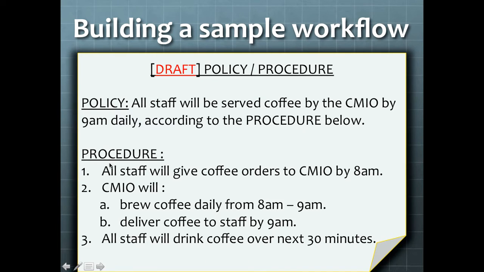And the procedure is basically a reflection of that workflow. Number one, all staff will give coffee orders to the CMIO by 8 a.m. Number two, the CMIO will brew the coffee daily from 8 a.m. to 9 a.m. and deliver coffee to staff by 9 a.m. Finally, number three, all staff will get to enjoy their coffee over the next 30 minutes.